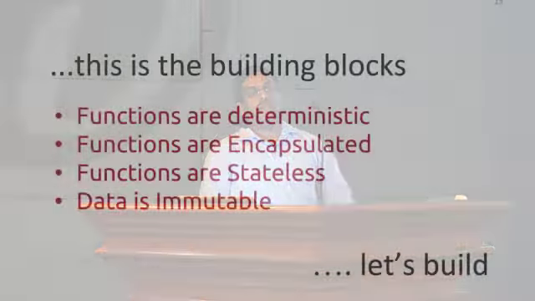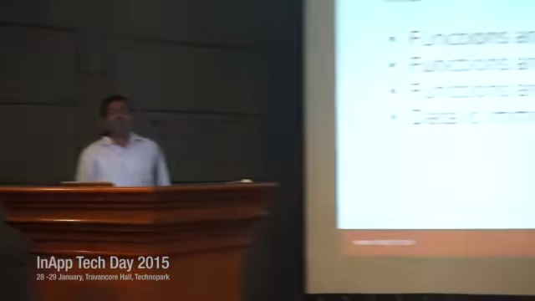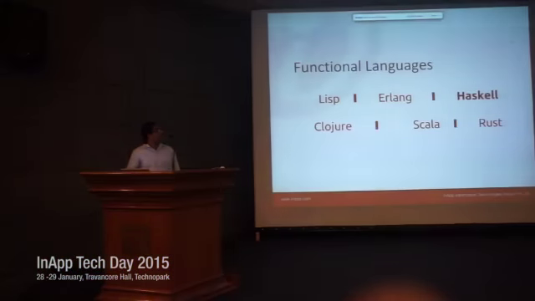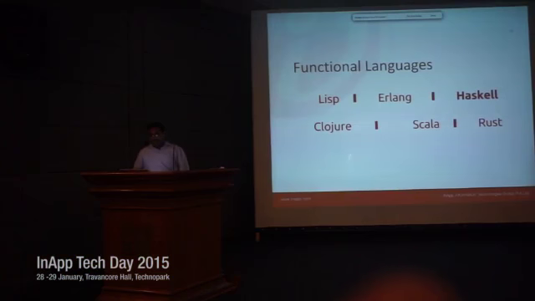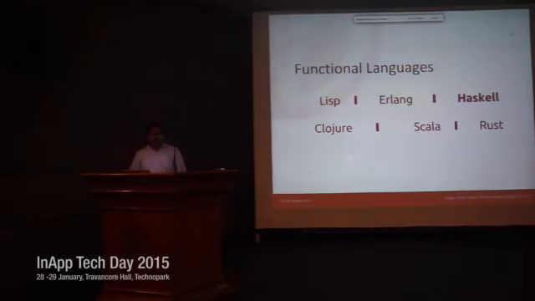These are the building blocks of functional programming: functions are deterministic, encapsulated, and stateless, and data is immutable. There are different types of programming languages available now, like Lisp, Erlang, Scala, Rust, and Haskell.